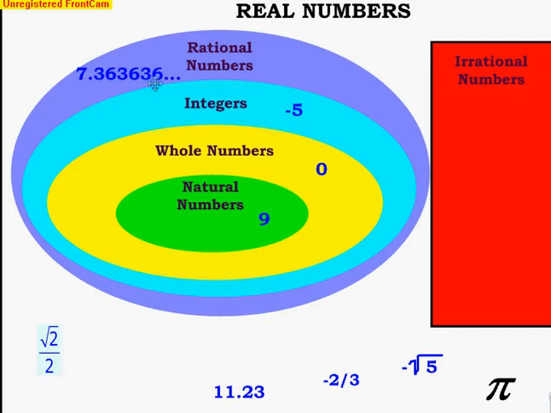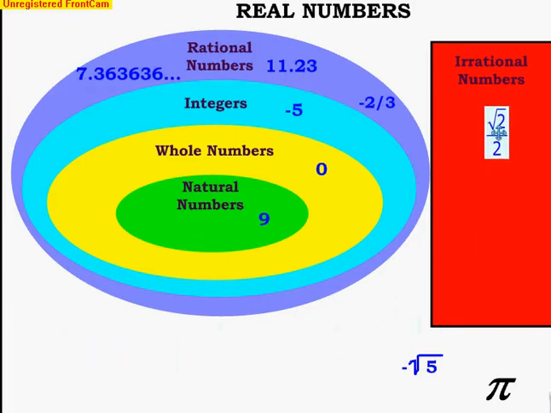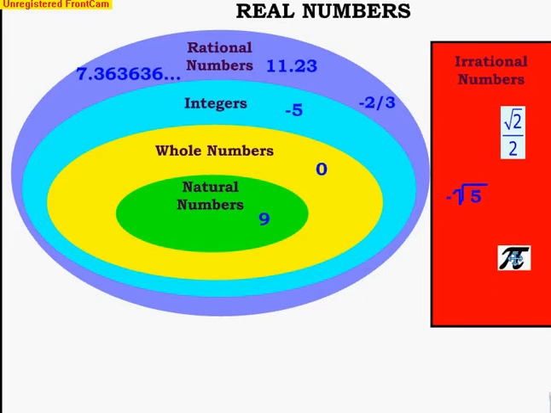You can see that this is a repeating decimal, therefore it would be a rational number. 11.23, or 11 23/100, would be a rational number because it's a terminating decimal. -2/3 would be another example of a rational number. You can see it can be written as a fraction. The remaining numbers are all examples of irrational numbers. These are numbers that, when written as a decimal, would not terminate and would not repeat.